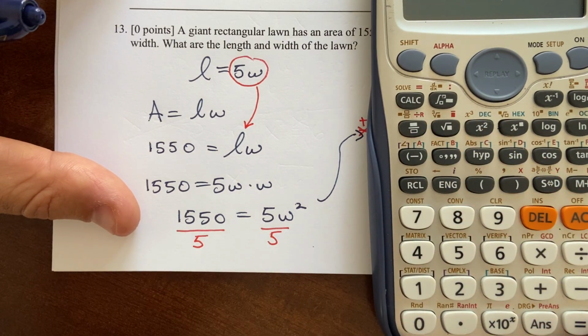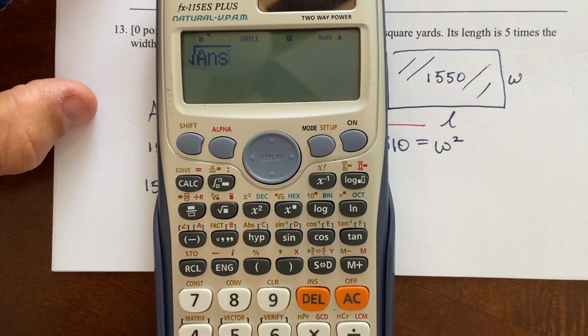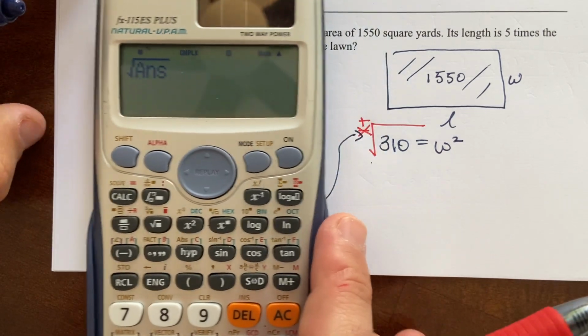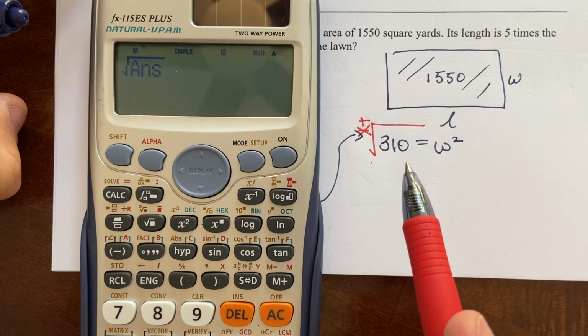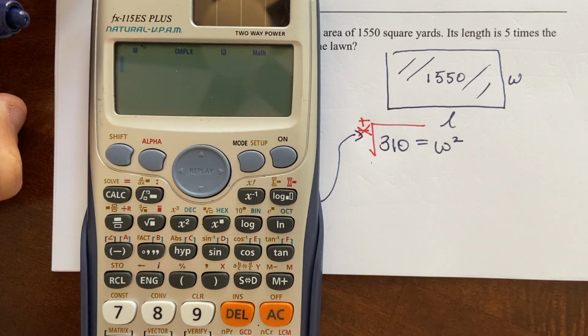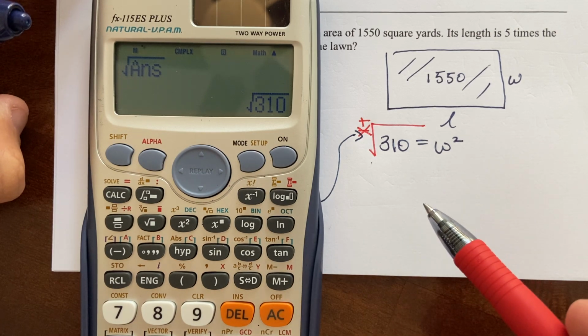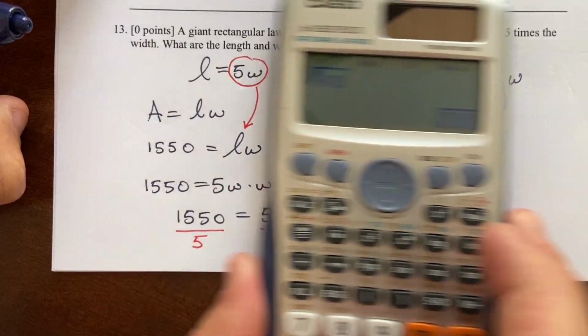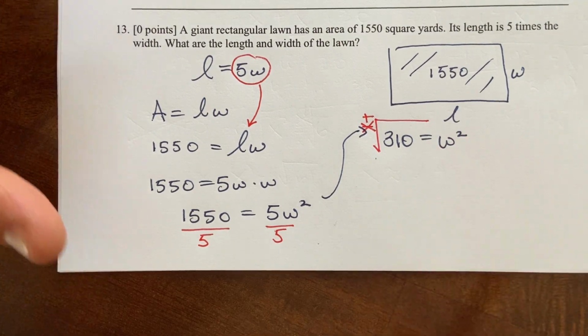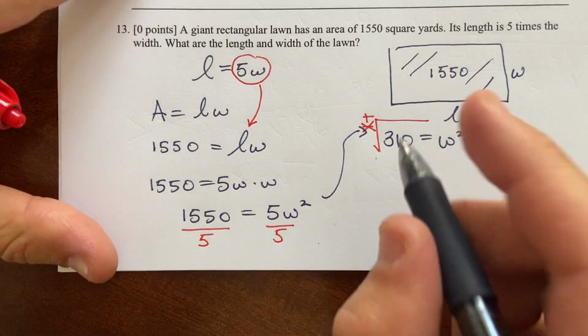Square root answer. Sorry, I had 310 previously. What I mean is this was on the previous screen, so I can go square root answer, and that'll be the answer for W. Apparently this doesn't reduce any further.